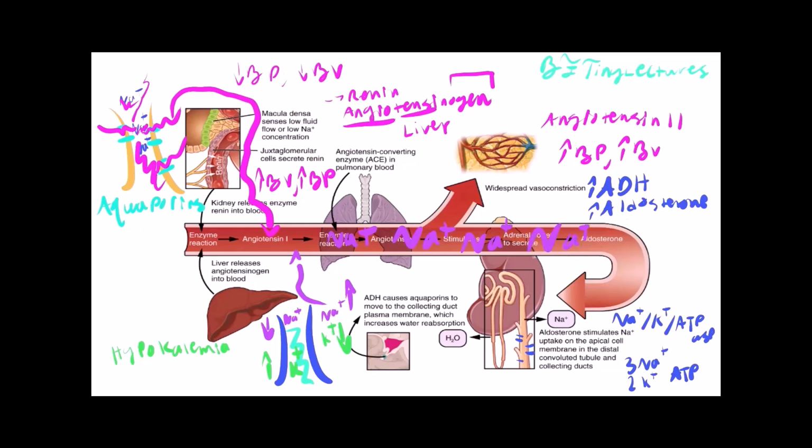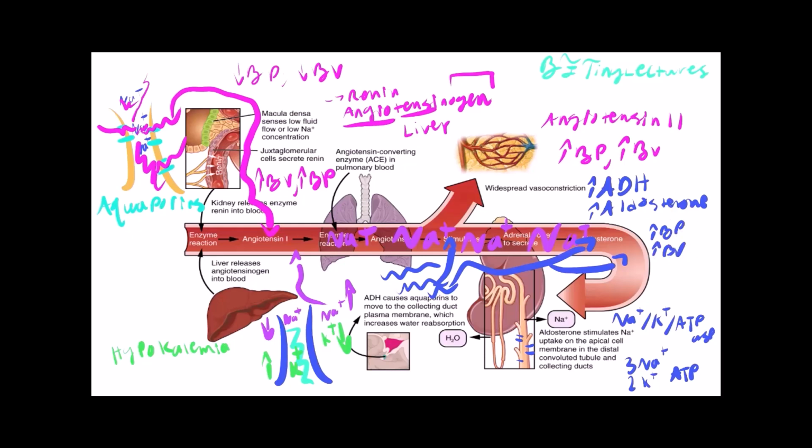And now the water in the interstitial space, in the tissue, says, hey, that's a lot of sodium in the blood. Let's go back into the blood right here. And what this does is that it's going to increase the blood pressure and also the blood volume.